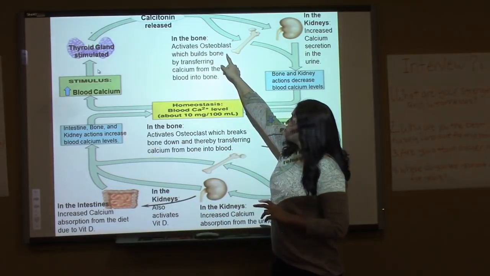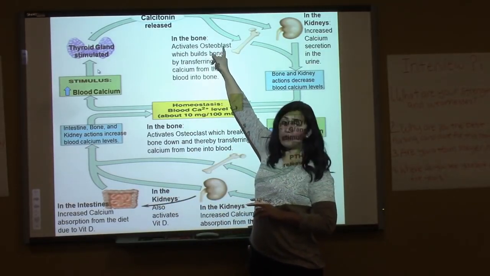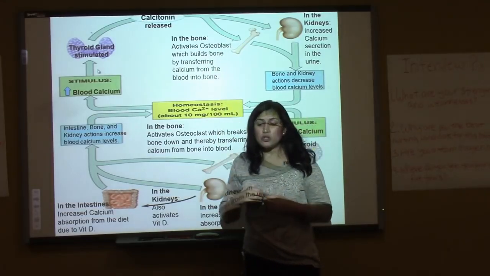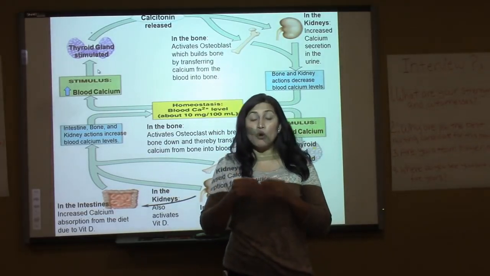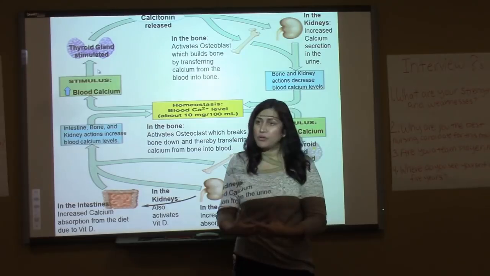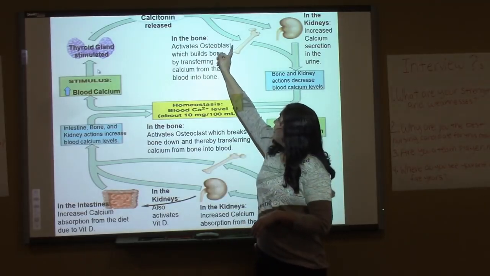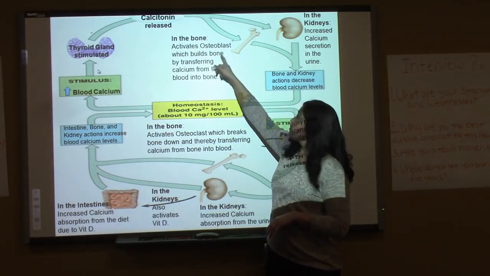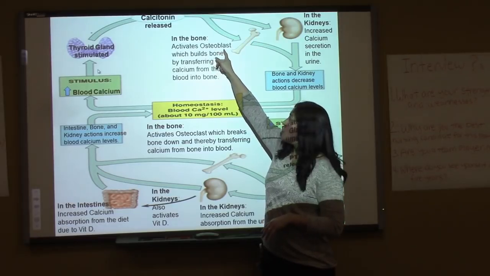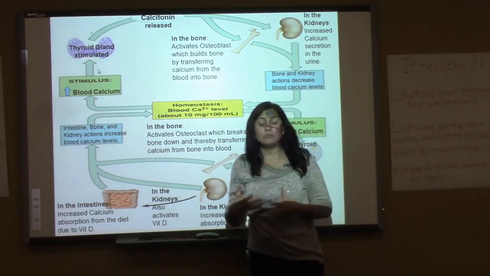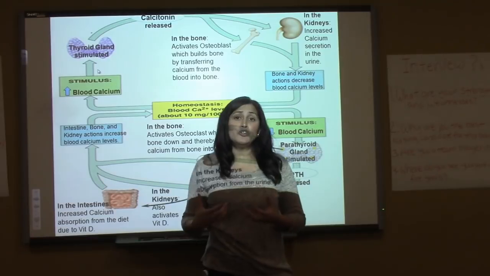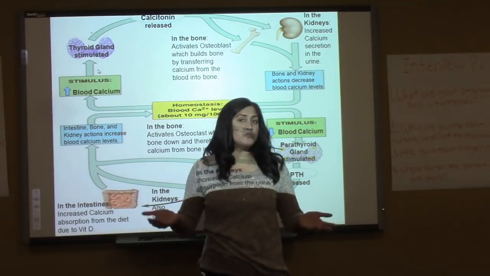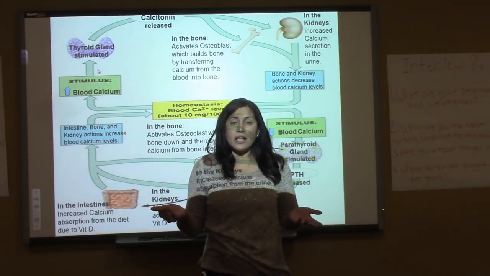In the bone, calcitonin causes your osteoblasts to be stimulated. Osteoblasts are bone cells that build bone. So it will go to the bones and stimulate your osteoblasts, which will now start to build bone. And to build bone, you need calcium. So where do you think osteoblasts are getting the calcium from?